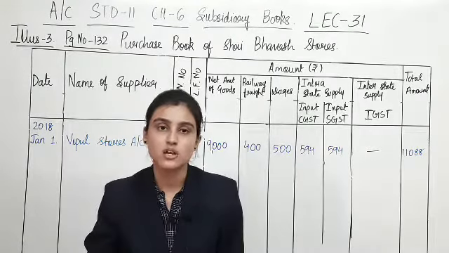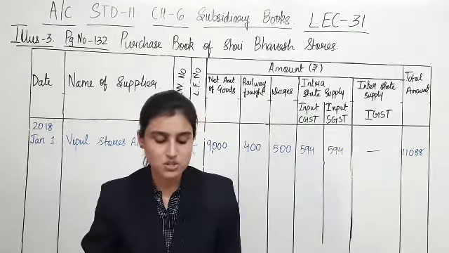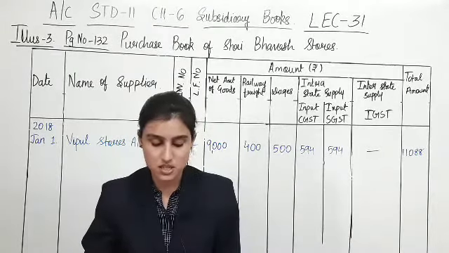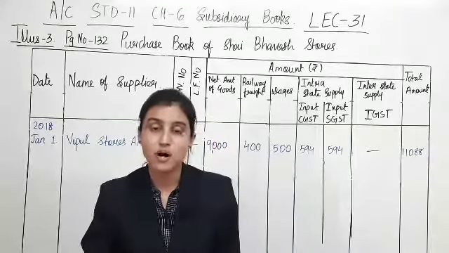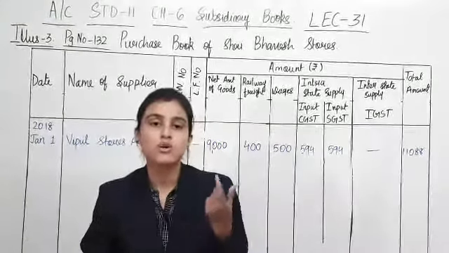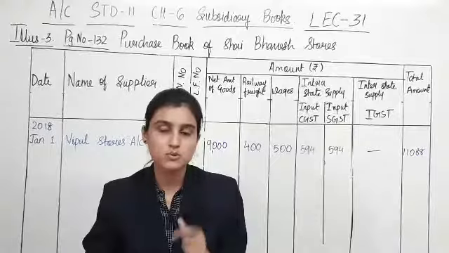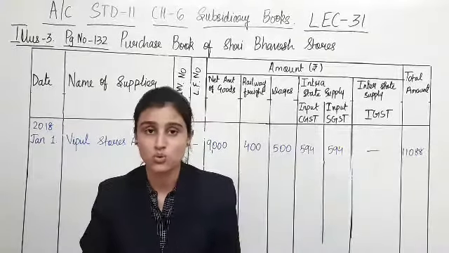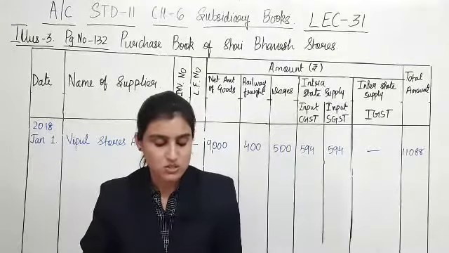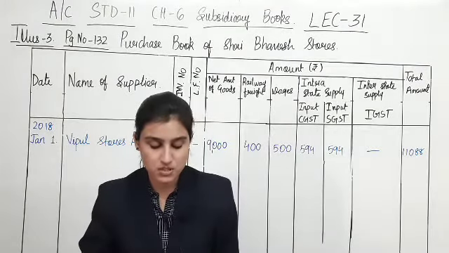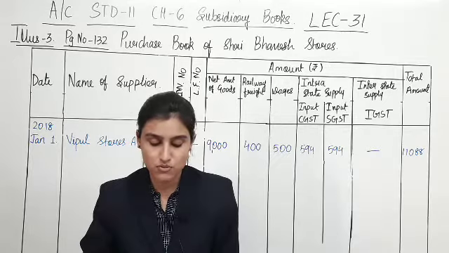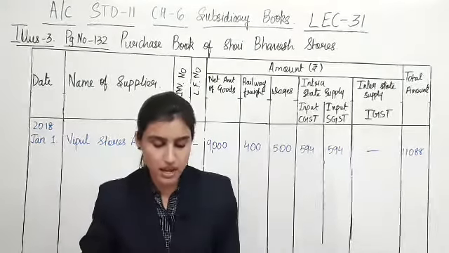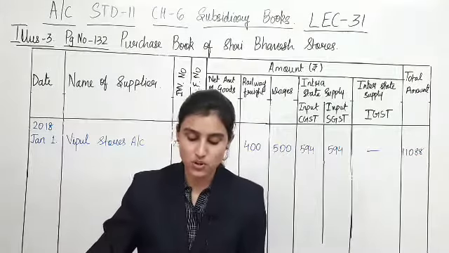On 7th of January, goods purchased of rupees 15,000 at 5% trade discount from Gopi of Bhavnagar. See, you are supposed to consider the word Bhavnagar like you have considered the word Rajkot. Inclusive of wages 300 and railway freight rupees 400.